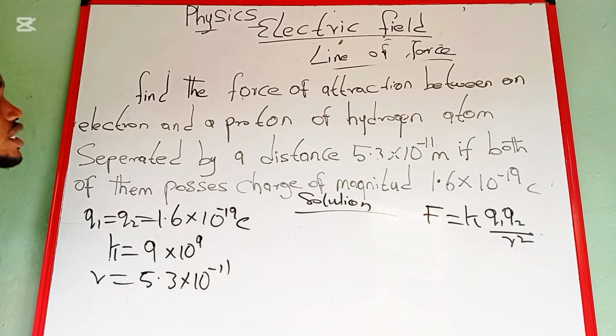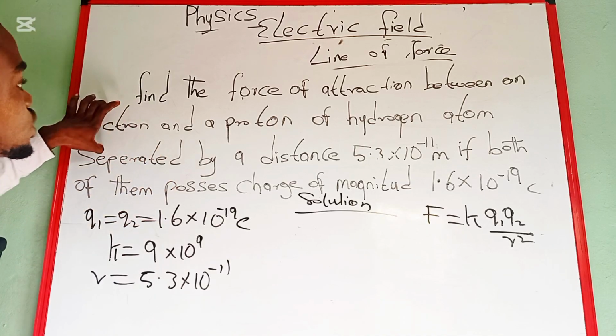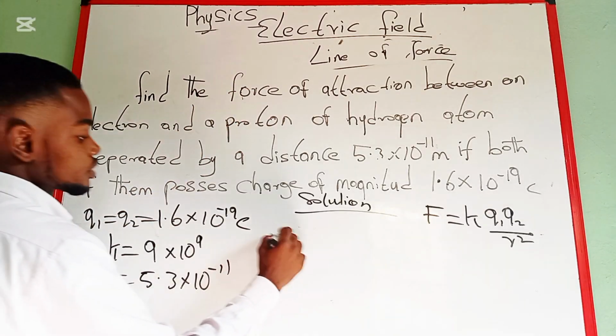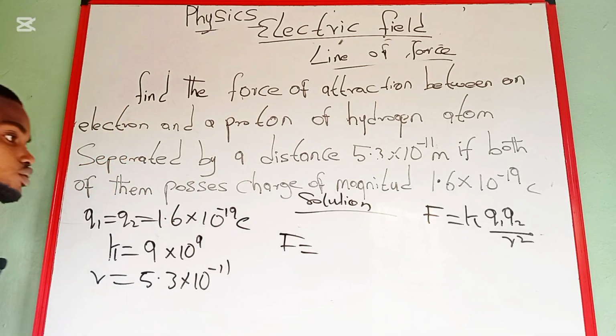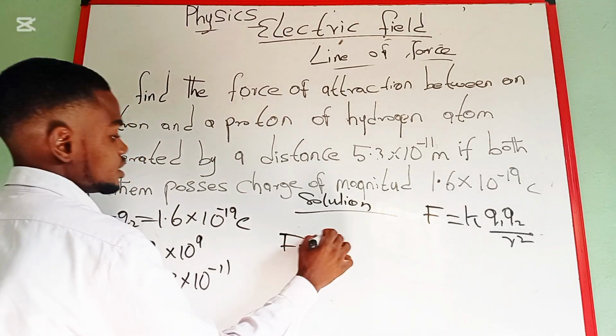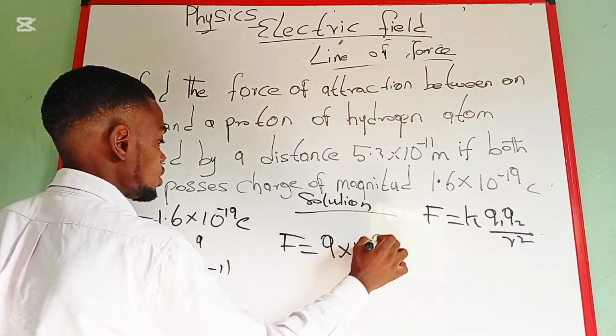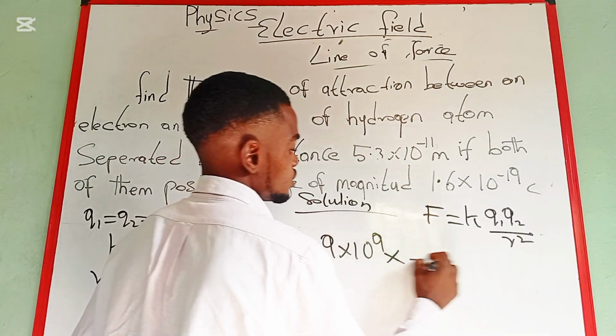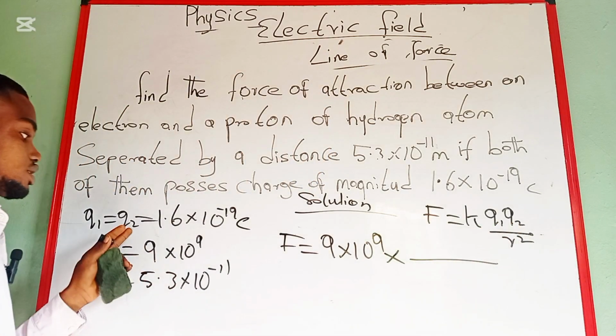Remember we're talking about the charge of an electron and a proton, negative and positive. So the force is going to be equal to, what is my K? My K is 9 times 10 raised to the power 9. And from this, I'm going to multiply it by the two charges.